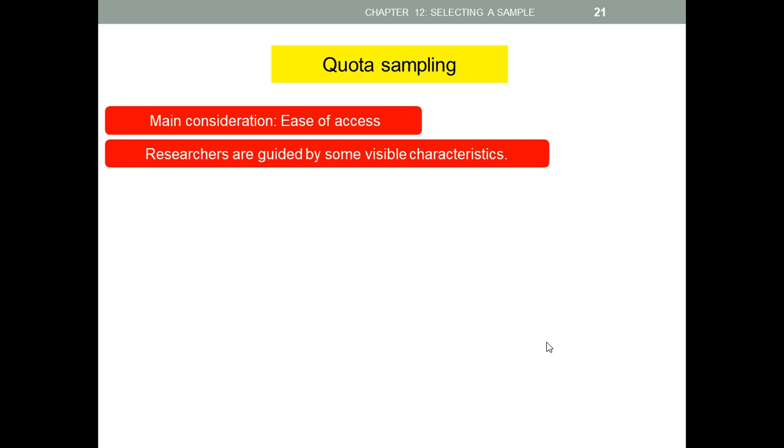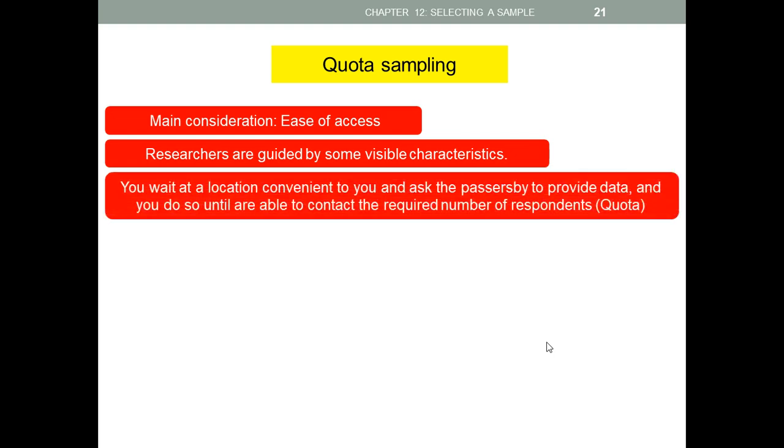Or you talk to students who drink coffee. You approach them because they are holding a cup of coffee, and they drink coffee, and you plan to recruit coffee drinkers. Therefore, such visible characteristics allow you to access the qualified people who possess the data that you want.